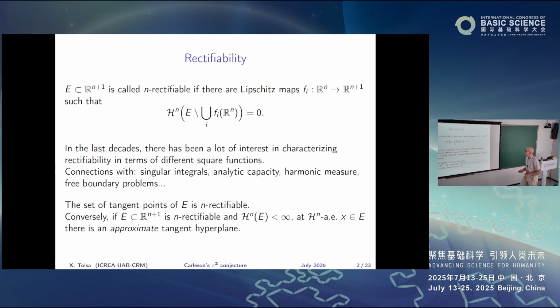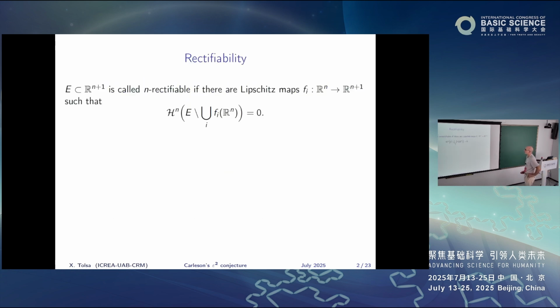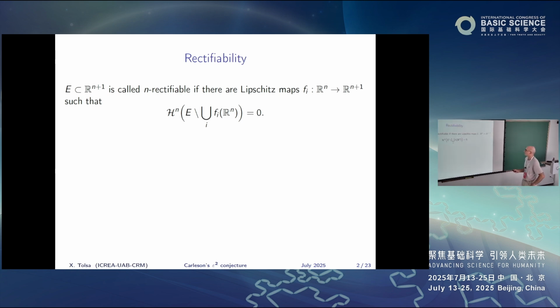Okay. I start with some definitions. Let's recall that a set in R^{n+1}, we will be all the time in R^{n+1}, so this will be this ambient space of dimension n+1, is called n-rectifiable if there are Lipschitz maps F_i from R^n to R^{n+1} such that the images of these Lipschitz images of R^n cover almost all the set E up to a set of 0 n-dimensional Hausdorff measure, right?